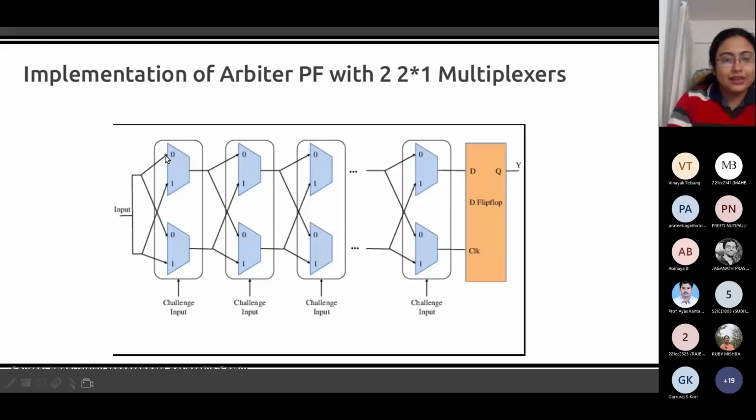This path and this path are symmetric, and this path and this path are symmetric. So the challenge has to be designed in such a way that if it is 0, these two paths will be selected, or if it is 1, then these two paths are selected.